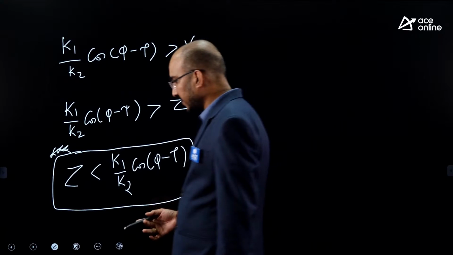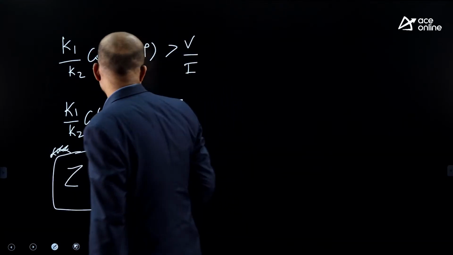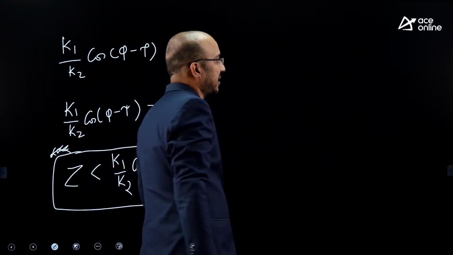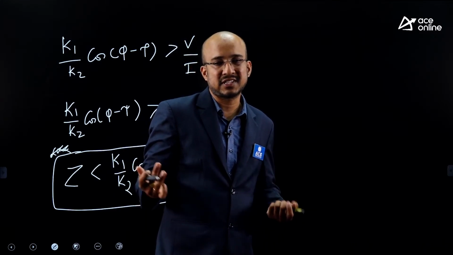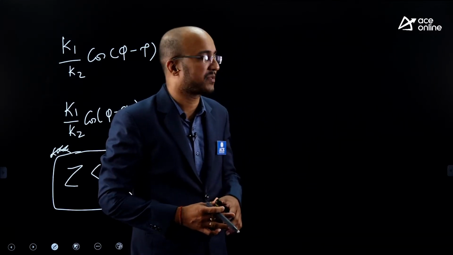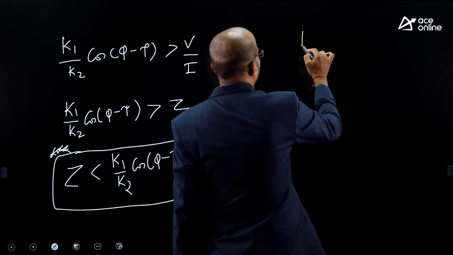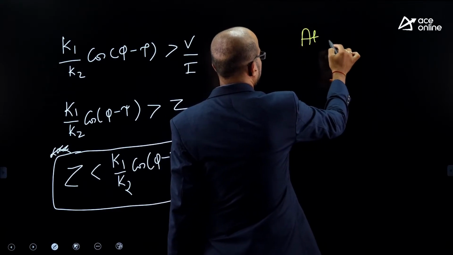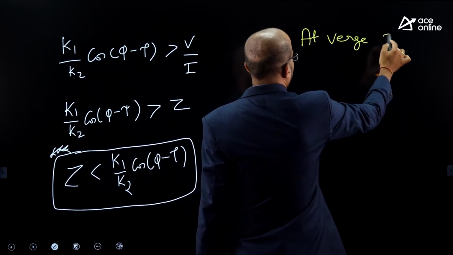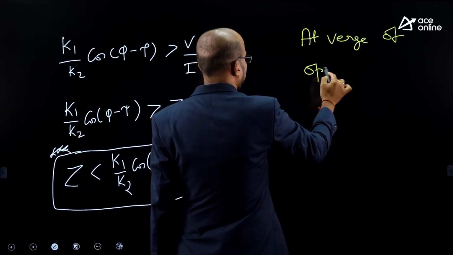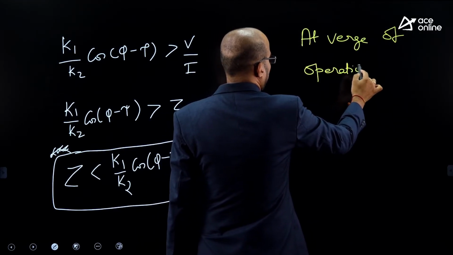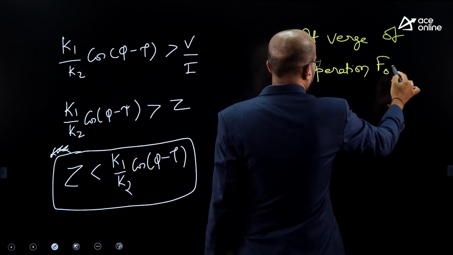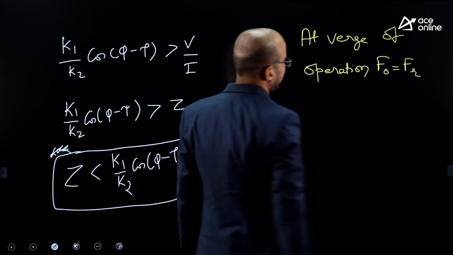Now, let us try to develop the characteristic for operation of Mho relay. That is, what is the characteristic of Mho relay in the R-X plane. Here, at verge of operation, operating force will be same as restraining force.